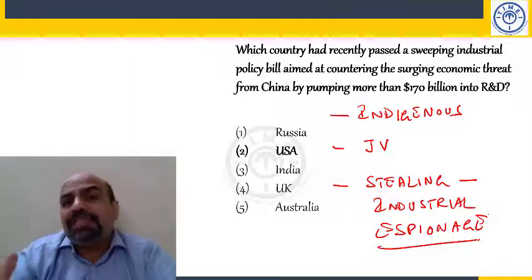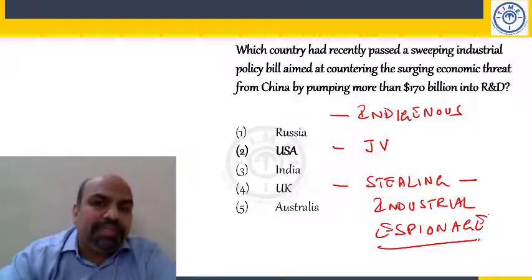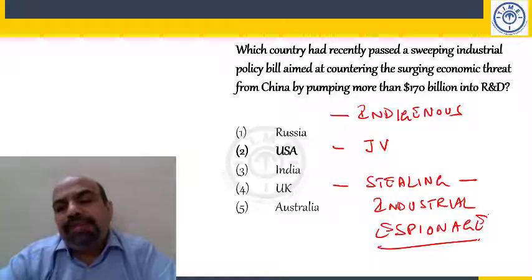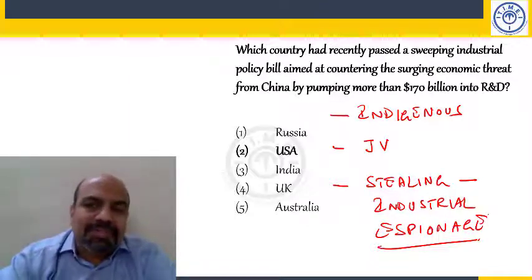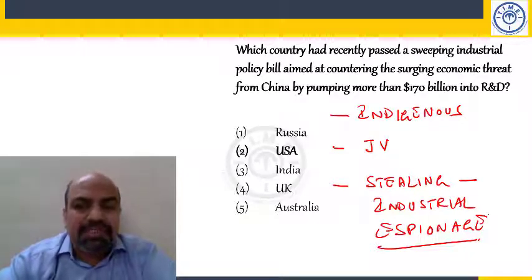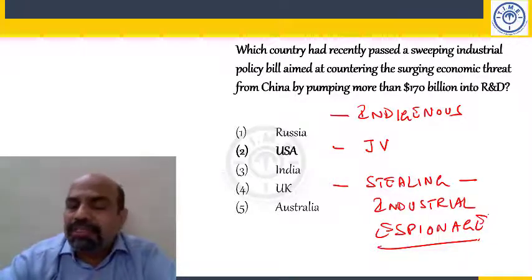It's a very regular thing for the Chinese to hack into Government of India's websites. Very normal thing. If you think I am exaggerating, no, I'm telling you the truth. So these are the 3 ways the government of China has been expanding its technology sector, including the defense sector.